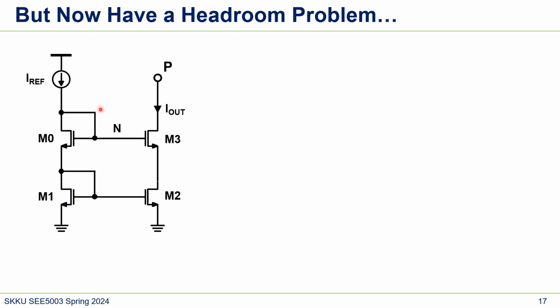So this cascode current mirror is good in terms of mitigating channel length modulation, but it has a headroom problem. The assumption is that every transistor should be in the saturation region. This is a must condition.